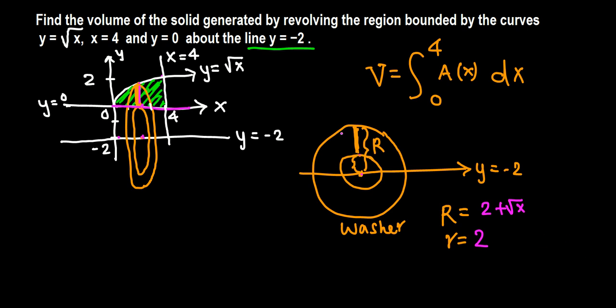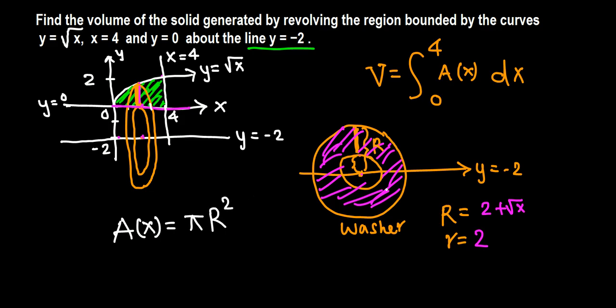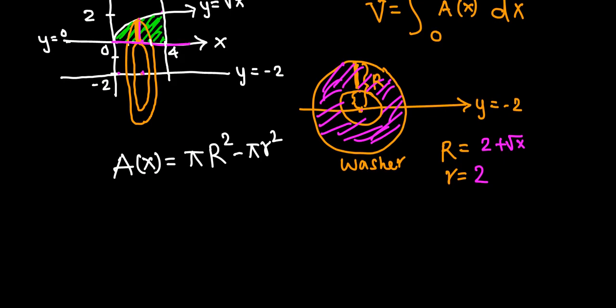Now the area of this washer is like a circle. The area A in terms of x is pi R squared, which gives the whole area, minus the hollow inside, pi r squared. So we have to subtract the area of the inside. We can factor pi out: R squared, R is 2 plus root x, quantity squared, minus r squared, which is 2 squared, 4.